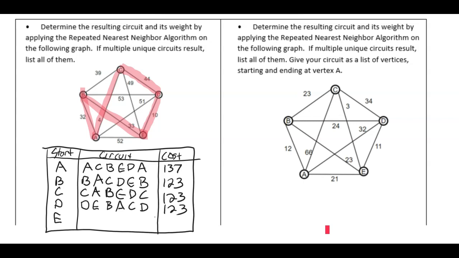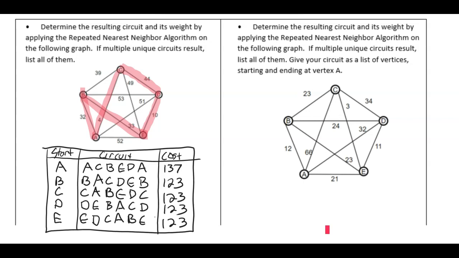You've got to hit the last vertex and then get home. And you recognize this fish shape again. We keep getting the same circuit. This one's starting at E, and then it was D, C, A, B, E. Again, 123.